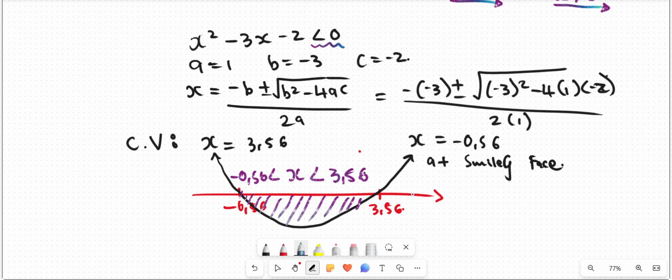The A value tells you how the graph looks. The inequality tells you which side we are looking at: above the x-axis or below it. If it's less than, it means below the x-axis. If it's greater than, it means we are looking above the x-axis.